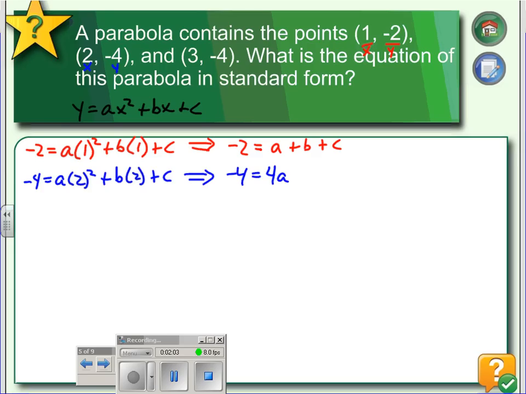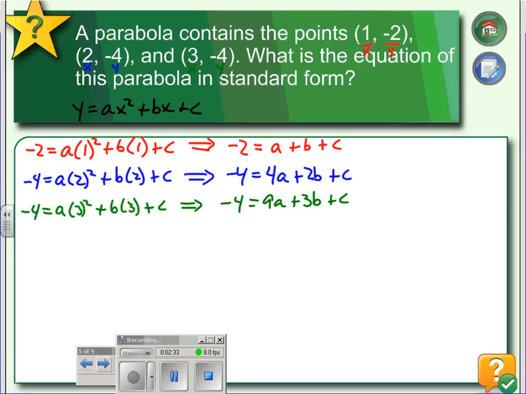And then we will take our third point, where 3 is x and -4 is y. So we have -4 = a(3)^2 + b(3) + c. This will give us -4 = 9a + 3b + c.